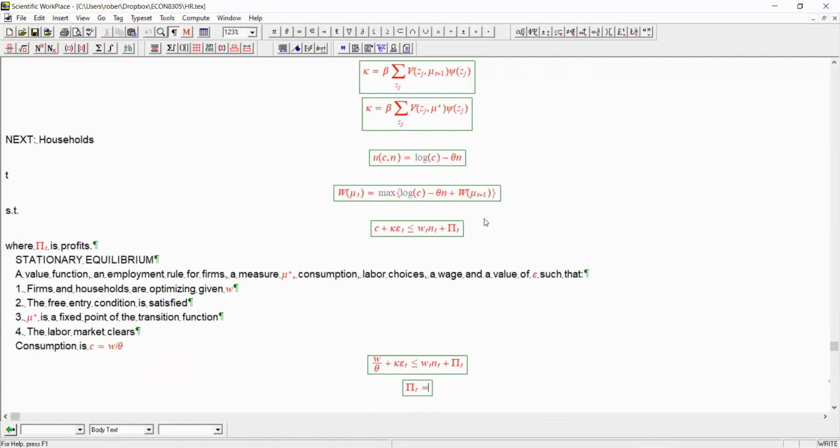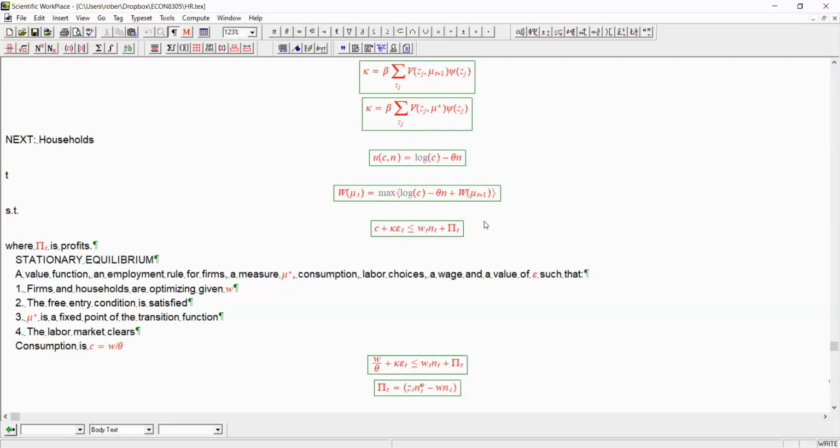First, the profits are defined as just whatever value of productivity a particular firm has times whatever labor it chooses minus the wage. And just to be careful, let's index this by I. So this is the labor chosen by a firm with productivity ZI, which we derived earlier. So these are the profits of a particular firm.